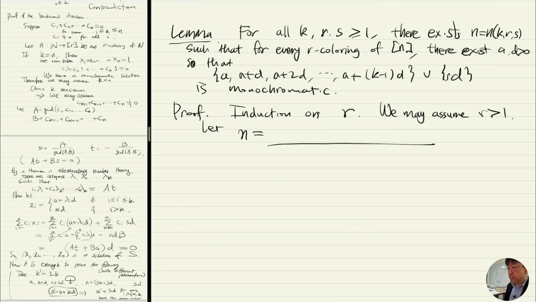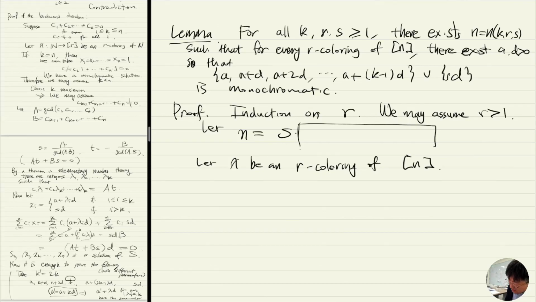Let chi be an r-coloring of 1 up to n. So let's say n is s times something. I will fill in later.